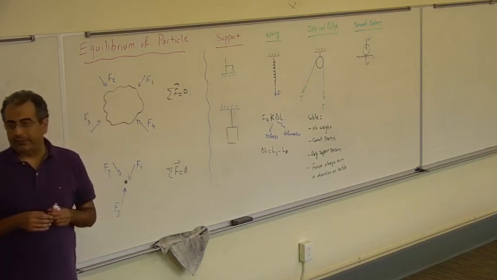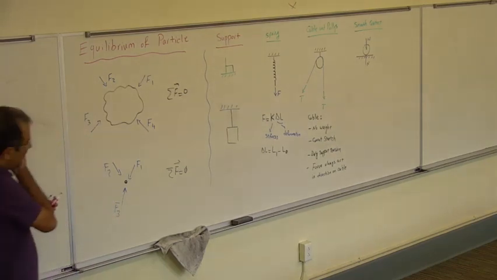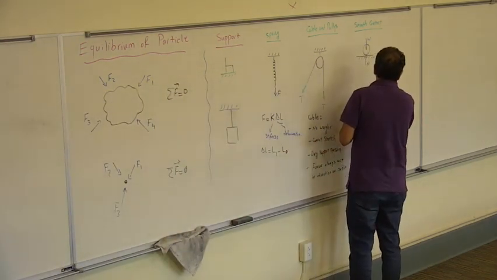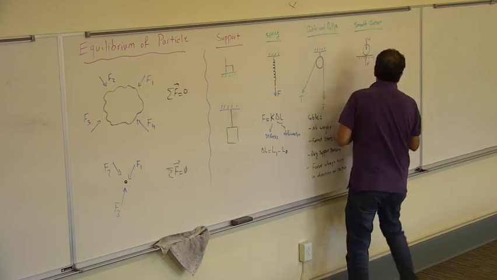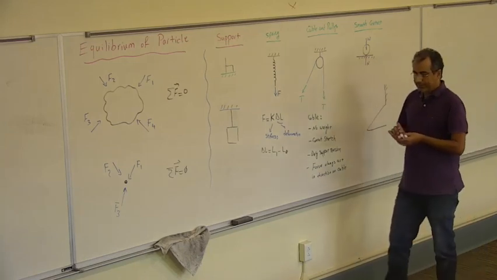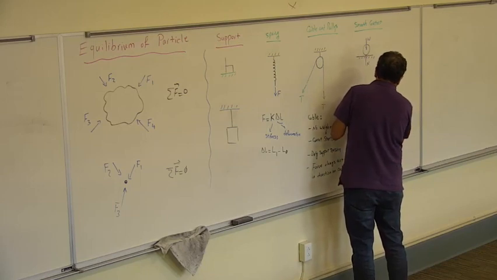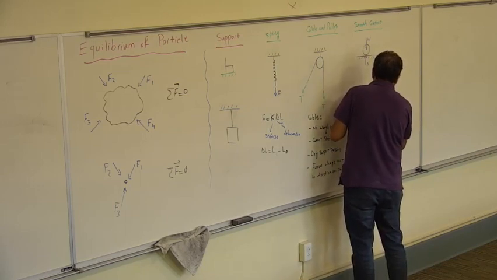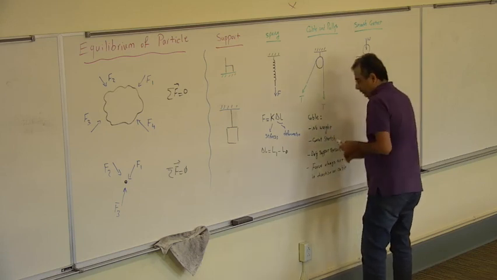If I, for example, assume I have something like this, and then I have a ball sitting here, connected with a rope to the wall.